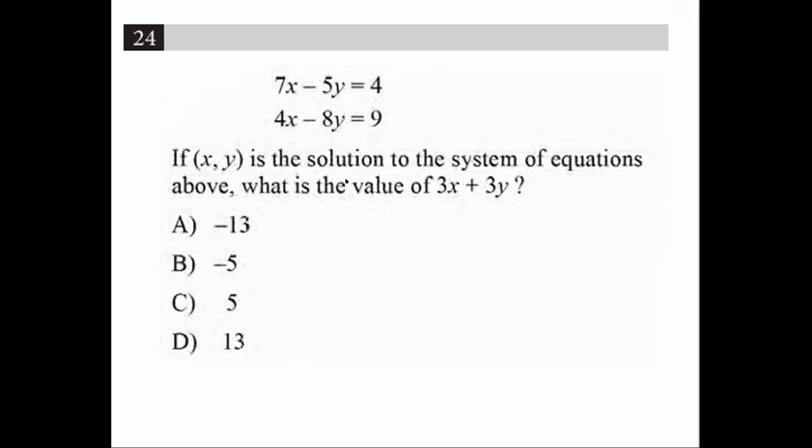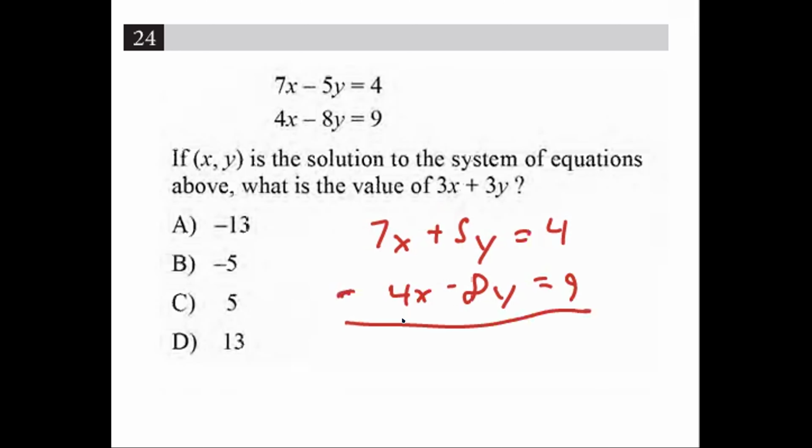They actually gave us pretty easy numbers for what we have to find, at least. We're given 7x plus 5y equals 4, and 4x minus 8y equals 9. So we can just subtract the bottom equation from the top equation. We get 7x minus 4x is equal to 3x, and positive 5y minus negative 8y, which is positive 3y, and positive 4 minus 9, which is negative 5. So the correct answer is negative 5.